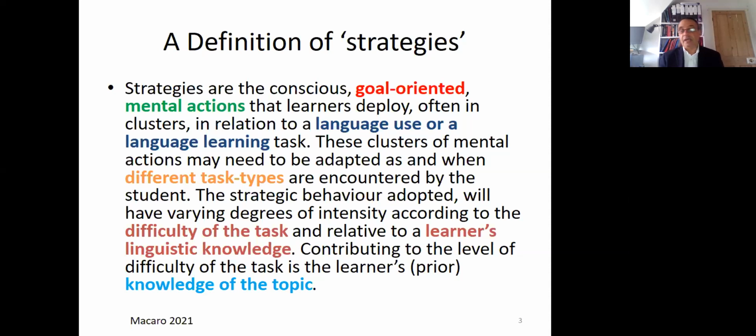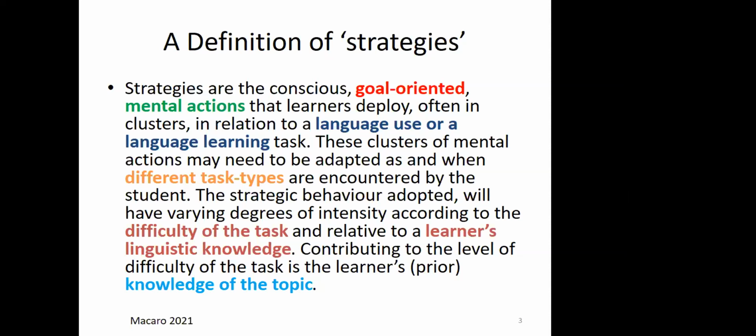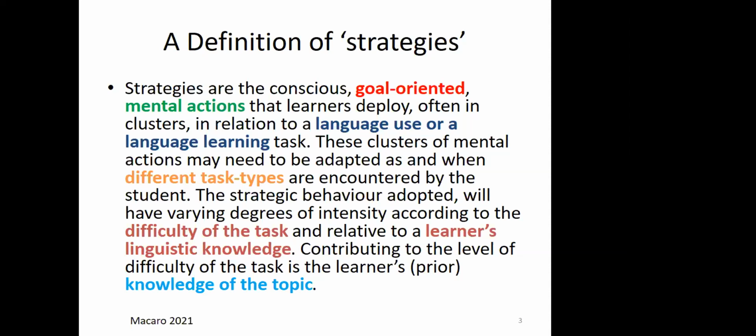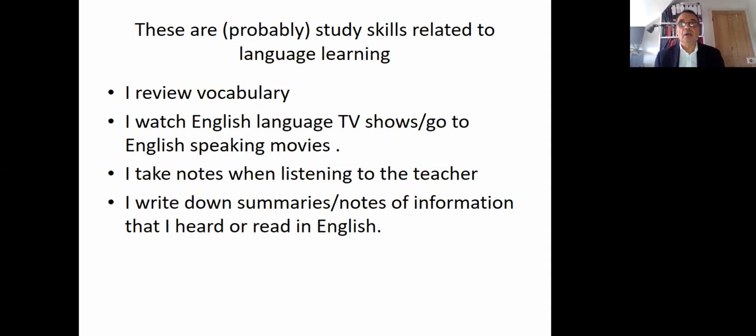The strategic behavior, as I call it, will have varying degrees of intensity according to the difficulty of the task and relative to the learner's linguistic knowledge. And contributing to the level of difficulty of the task is the learner's prior knowledge of the topic. So I'll try and talk about those bits which are in color and then try and relate them to EMI as much as I can in the time given.